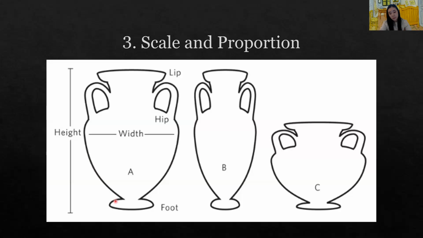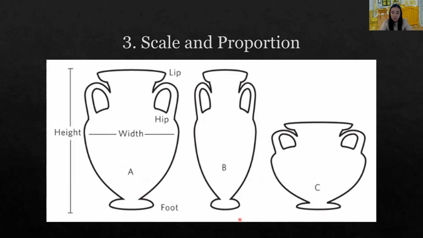As size relationships change, proportions change. Look at this image. A shows the profile of a Greek vase, and if we change the width, like B, or change the height, like C, the overall proportions change.